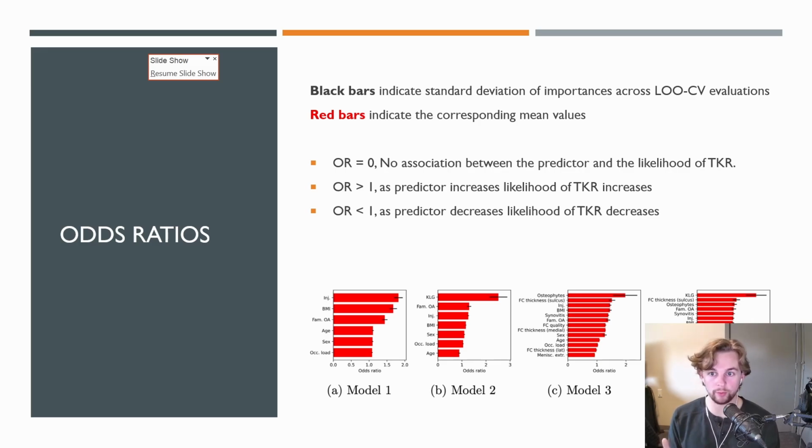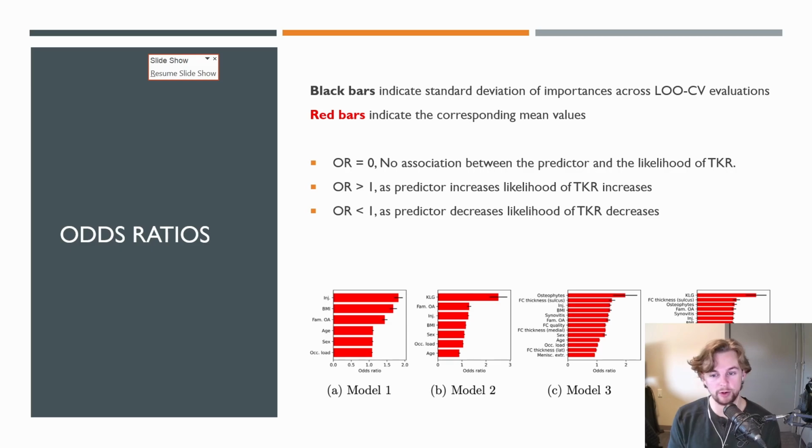They're greater than 1. So as they increase, which they are, they correspond to a greater likelihood of TKR. And then in model 2, KLG, which is the Kellgren-Lawrence scale, the X-ray scale, means that there's a greater likelihood of total knee replacement. Model 3, everything north of sex in terms of the features.